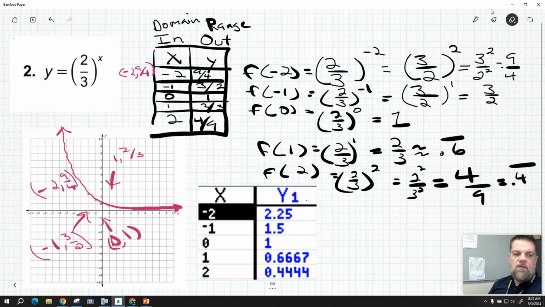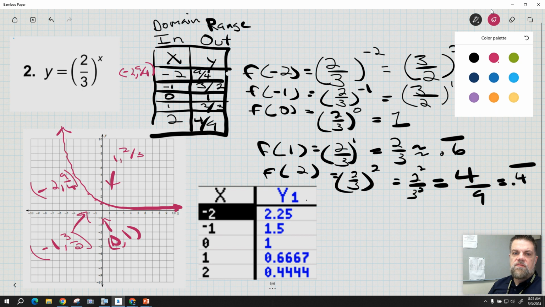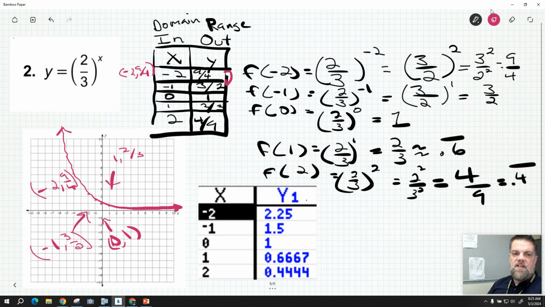Now, what do you notice about this graph? If you read it like a book and you go left to right, what does the y value do? Well, you may not realize this, but to get from this number to this number, you're still multiplying by 2/3.